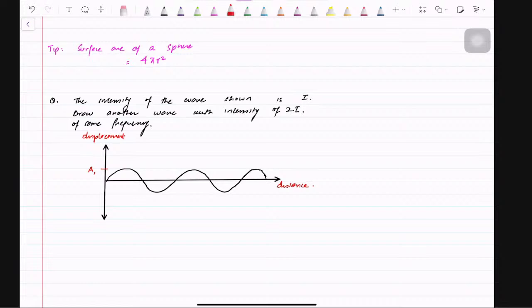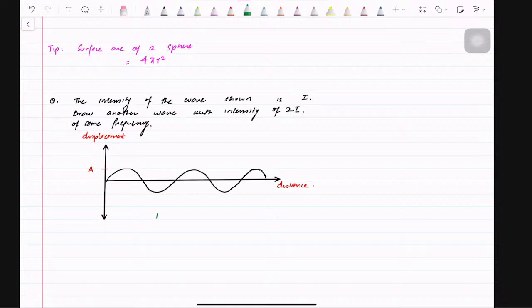Will it be 2A? No. If this is, let's suppose this is A, right?